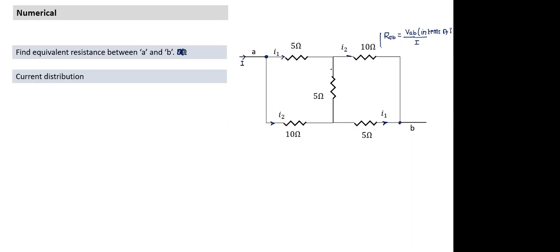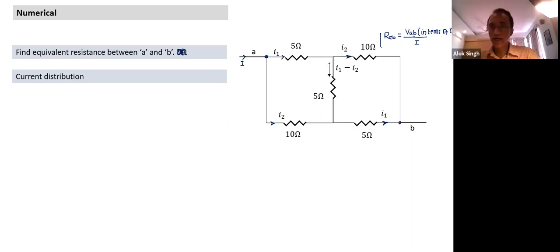Taking the downward direction as positive, the incoming current is I1, so the sum of the outgoing current also has to be I1. So this is I1 minus I2 in this direction. Now I have marked the currents. To get the resistance value, I can write the potential difference between A and B in terms of I1 and I2.